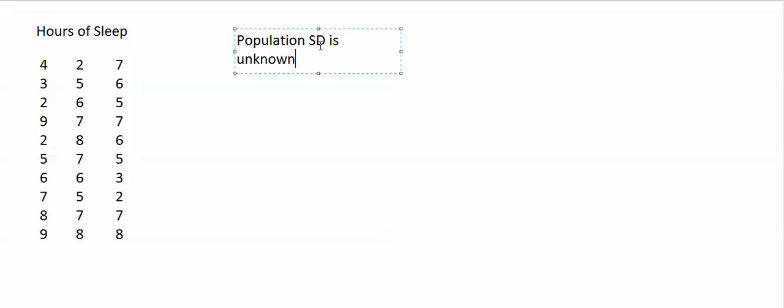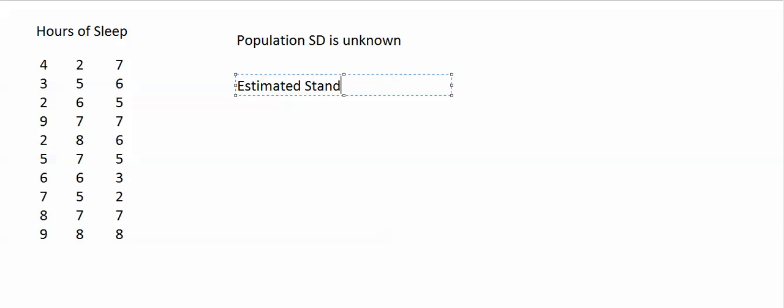When the population standard deviation is unknown, the standard error that the researcher calculates is actually called an estimated standard error. It's not the true standard error. It's actually just an estimate of what the standard error equals.